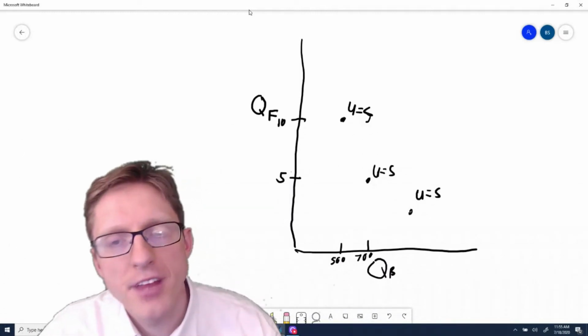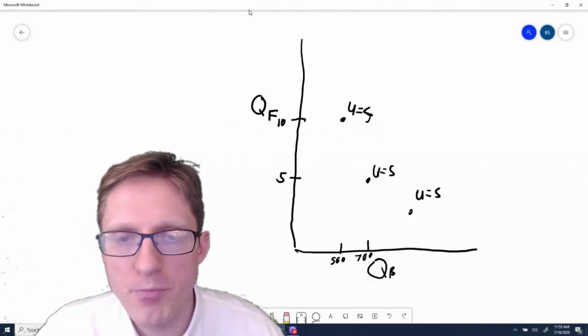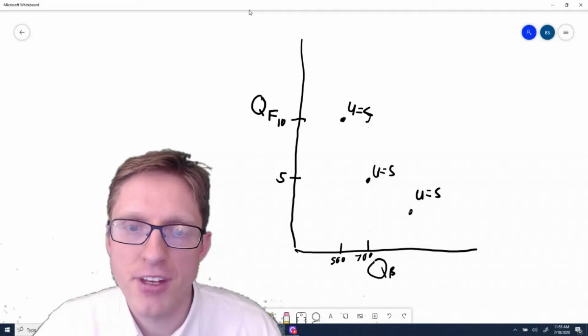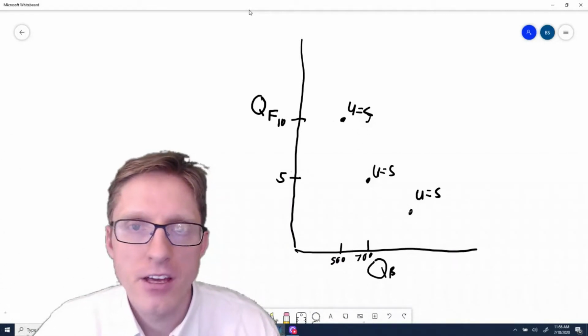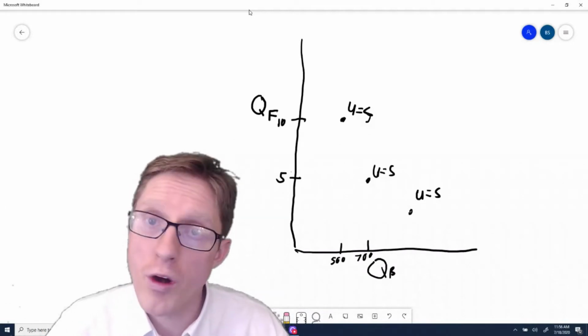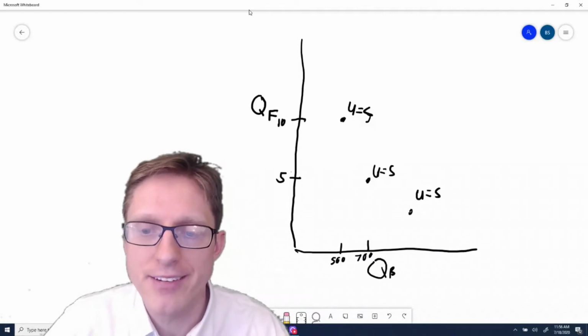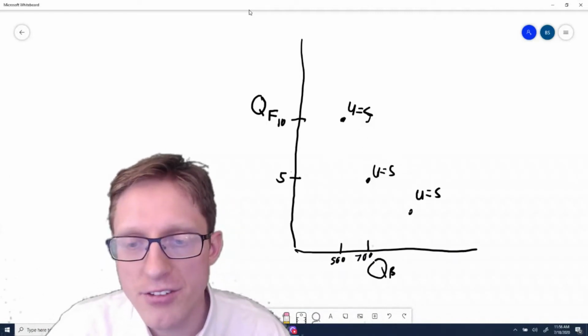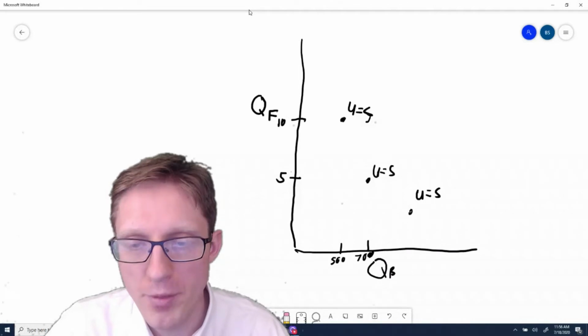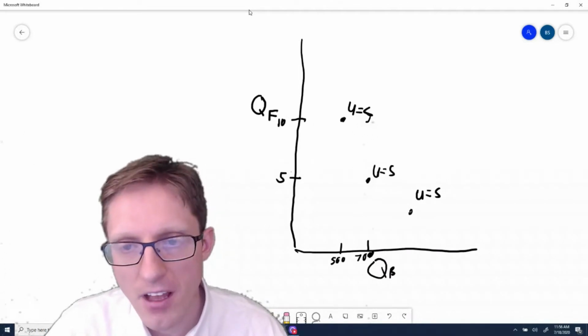So that implies that this consumer would be indifferent between these baskets, where the first basket provides 10 units of fried Mars bars and 500 of Pepto-Bismol. You give him a basket of that, or he'd be equally happy if instead of giving him that basket, you gave him a basket with 5 fried Mars bars and 700 units of Pepto-Bismol, etc. Okay.